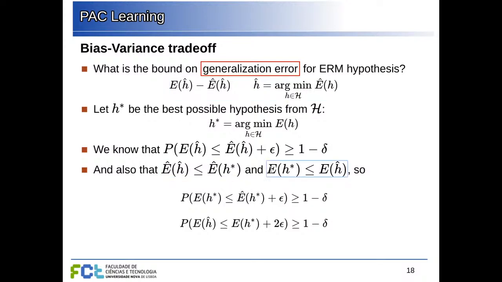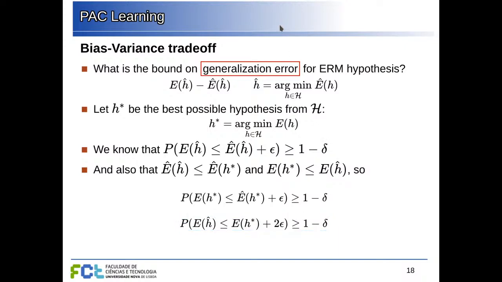Also, we know that the true error of the best hypothesis cannot be larger than the true error of the hypothesis we chose, because this is the one that minimizes the true error. So when we combine these, we get an expression for the difference between the true error of the hypothesis that we chose and the true error of the best possible hypothesis in our hypothesis class.